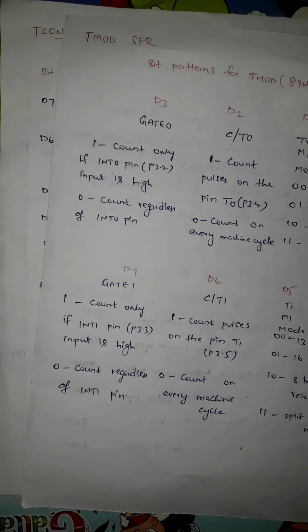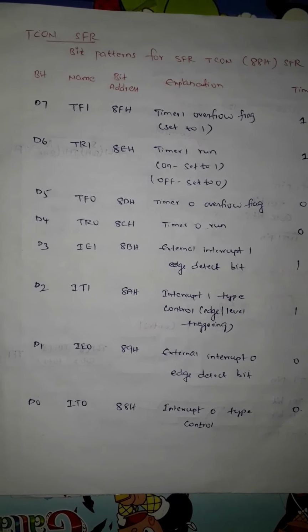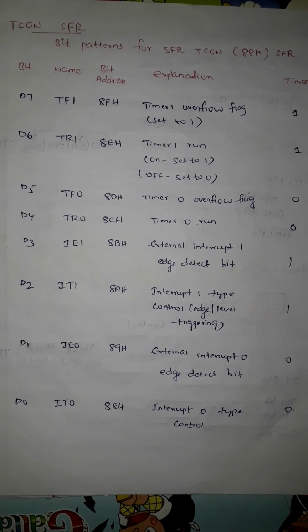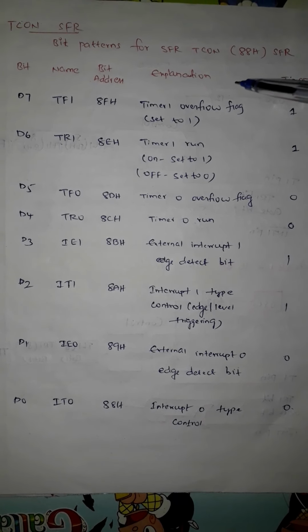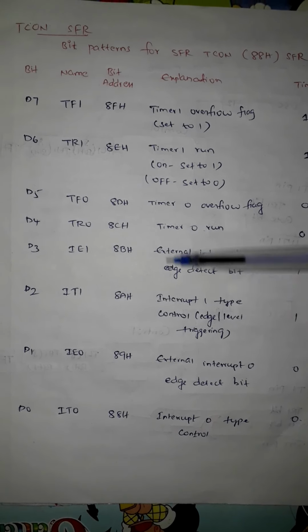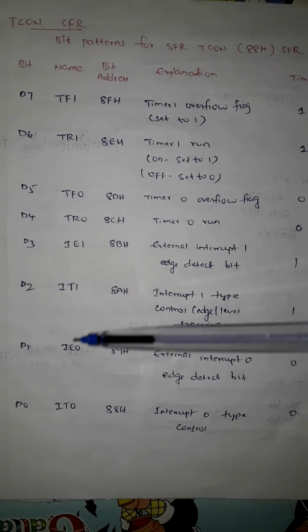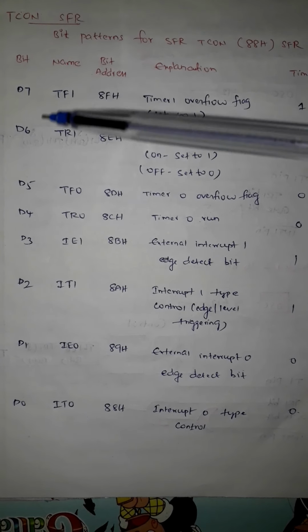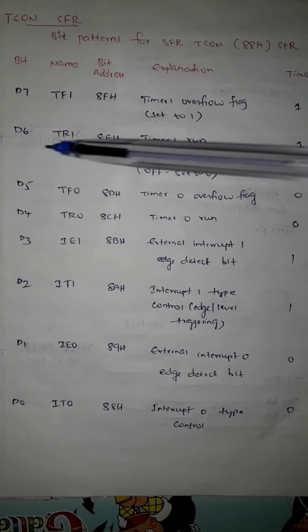And then let us look into the TCON register. The TCON register is a control register for the timers, and its address is 88H. If you look at this, it also has 8 bits, D0 to D7, from higher to lower, and the higher order bits D7, D6, D5, D4 are used for timers.